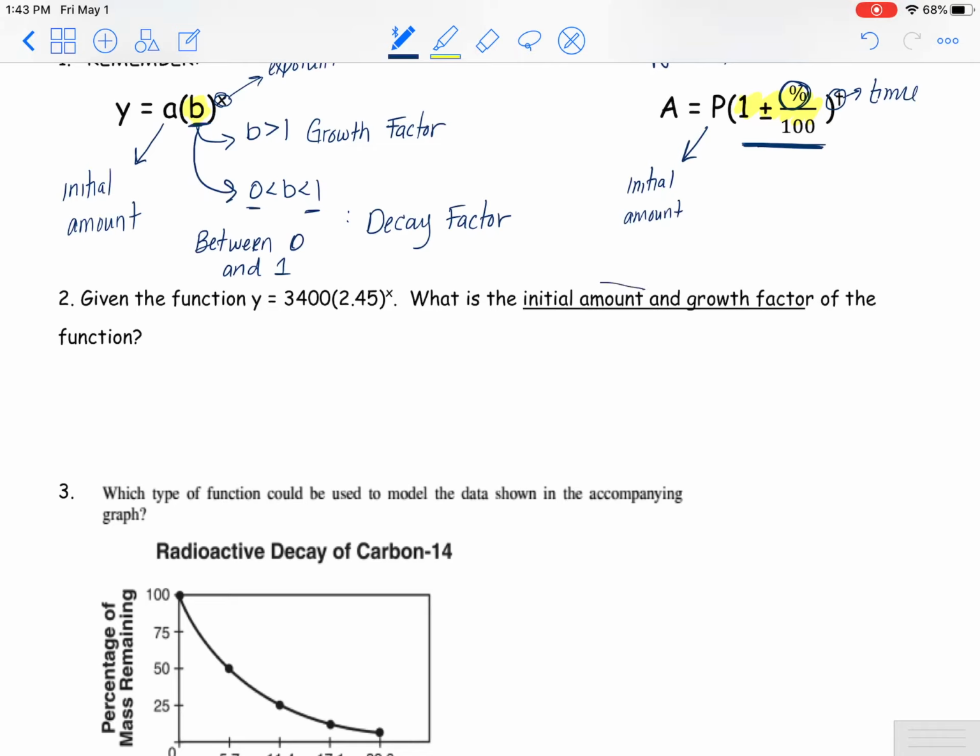So let's jump into the problems. In question 2, given the function, what is the initial amount and the growth factor of the function? So there's two things. We need to figure out the initial amount, and we need to figure out the growth factor.